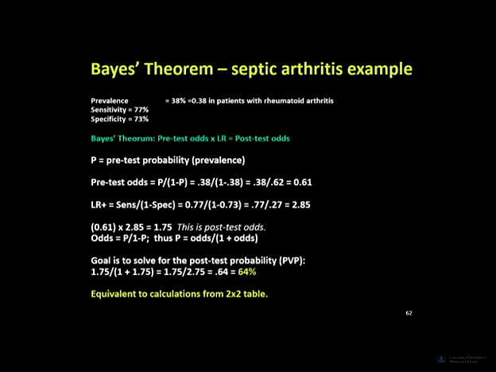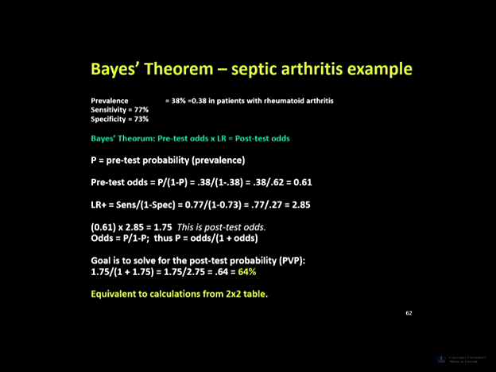Once we have the pretest odds, we can now use our likelihood ratio. And likelihood ratio, what is that? It's sensitivity divided by 1 minus specificity, so it's 0.77 divided by 1 minus 0.73, and that's 2.85.